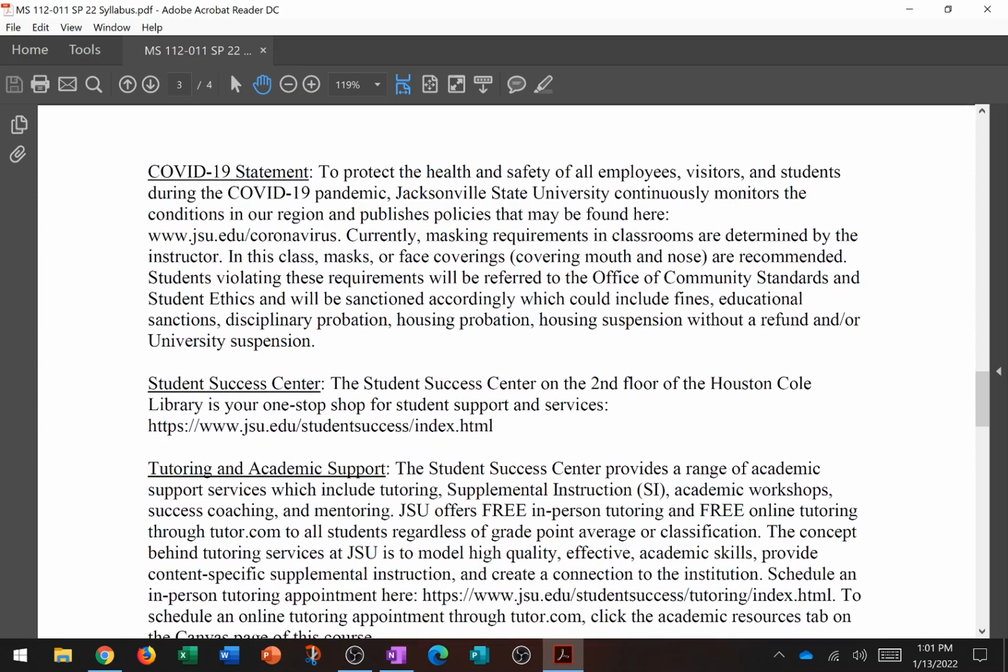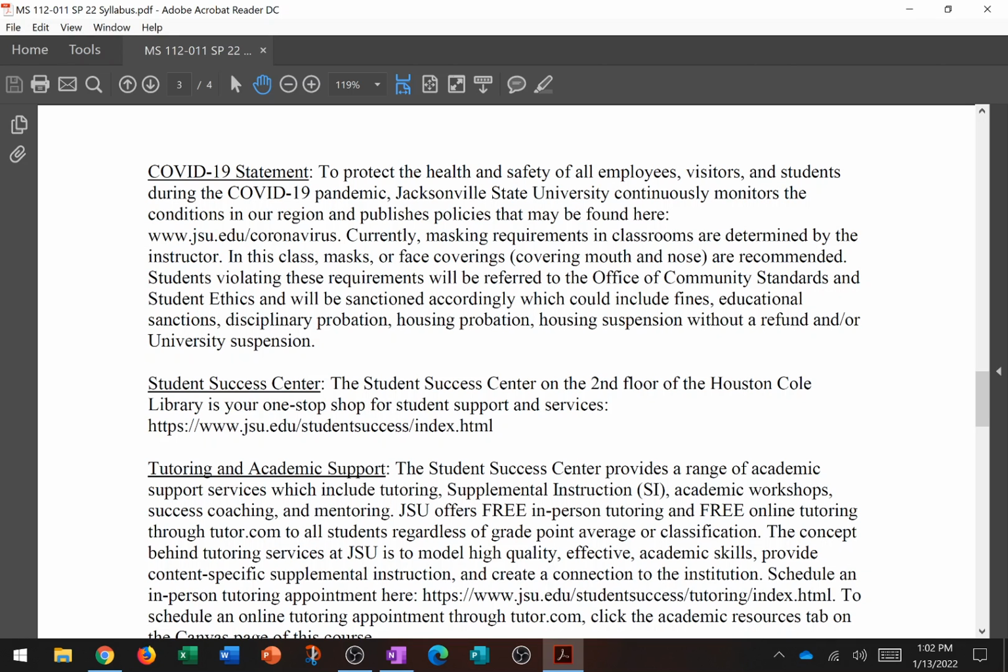Here's our COVID-19 statement we have to have. It's already changed, I can say. I'll just go ahead and put this in here. So right now we have to wear masks. Whenever it gets to the point where it backs off, like it was right before the beginning of the year, it'll be up to me what we do in the room.